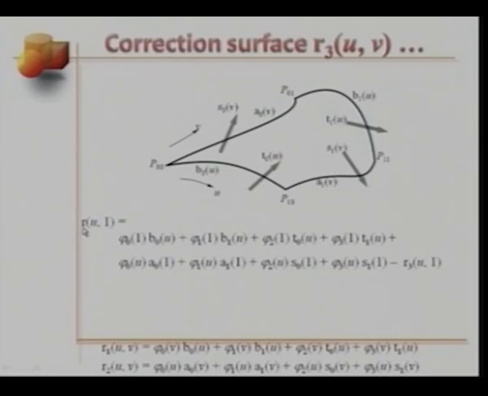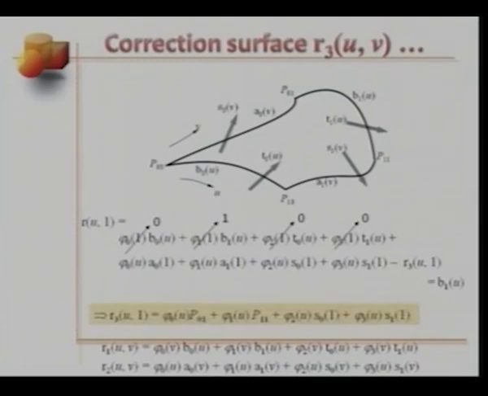And after all, what is r of u and 1? This is for v equals 1. We'll have this bounding curve here, b1 of u. Once again, if you remember the expressions for your Hermite cubic functions, this term goes to 0, this term goes to 1, this goes to 0, and this goes to 0.